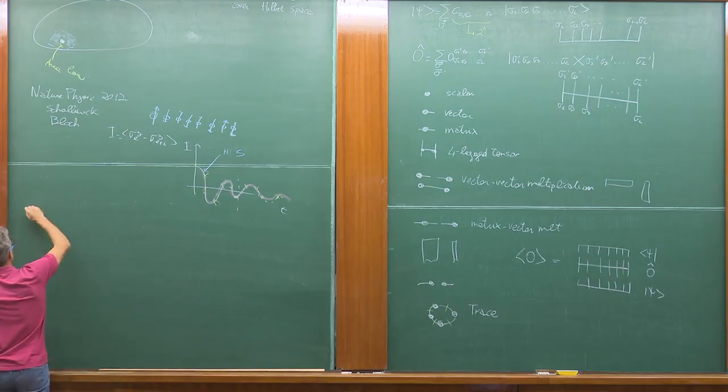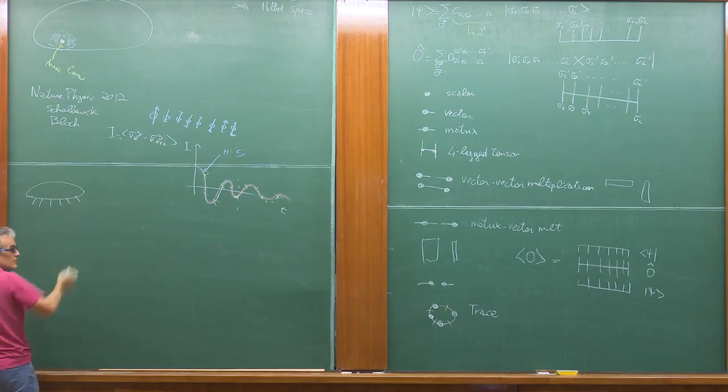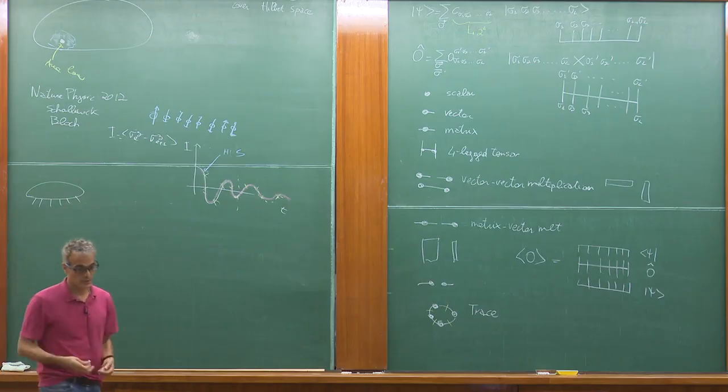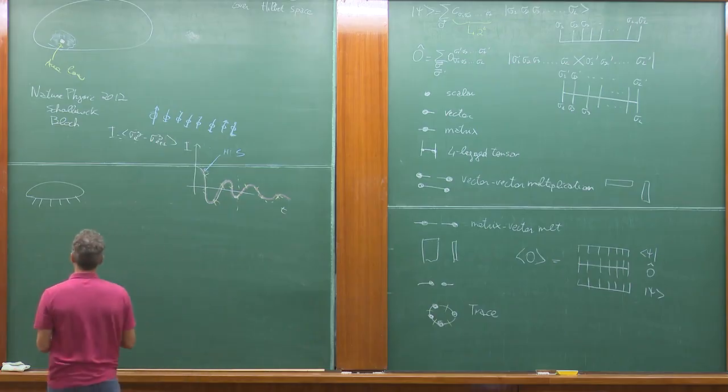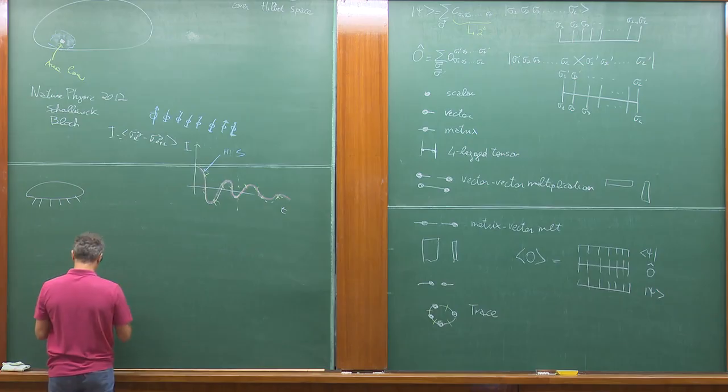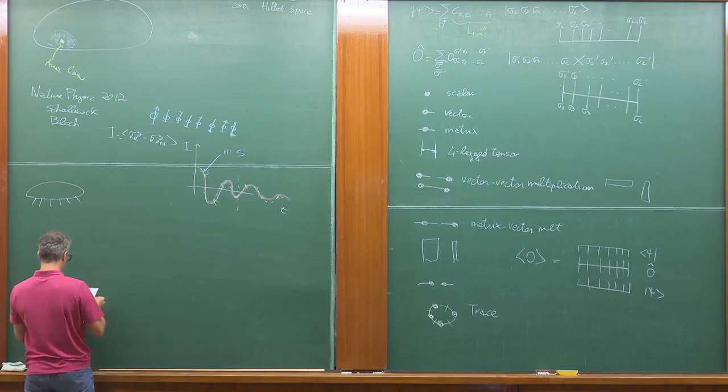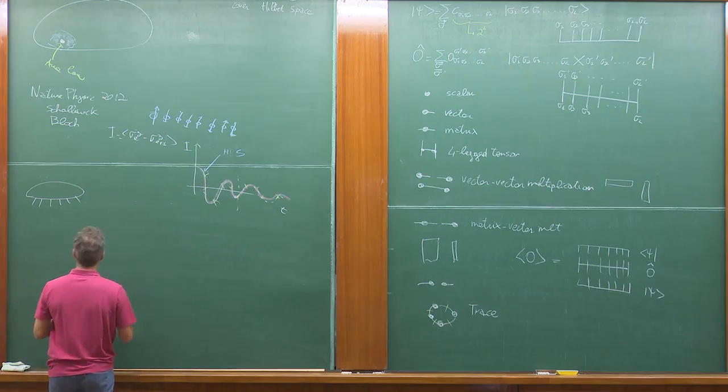So let's say I have a generic state, okay, or something, with many legs. How to represent it? And some of these interesting decompositions or ways to look at it, I will just draw a few of them so that you're aware that they exist.